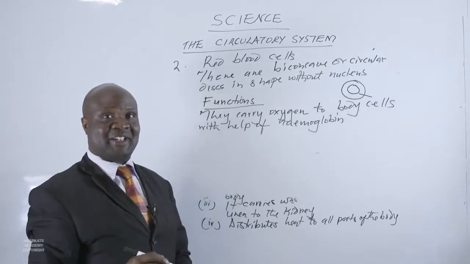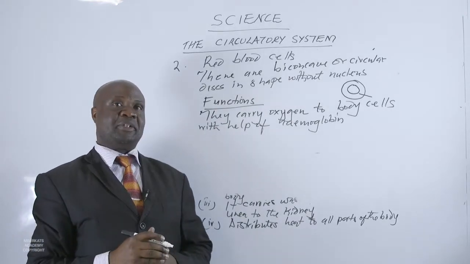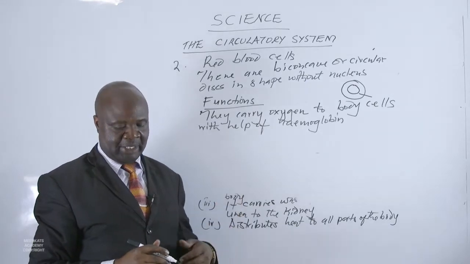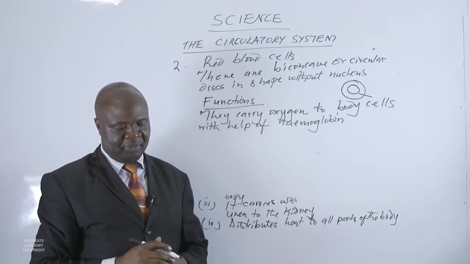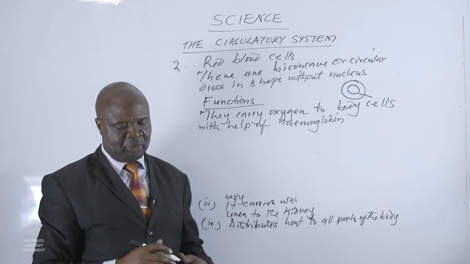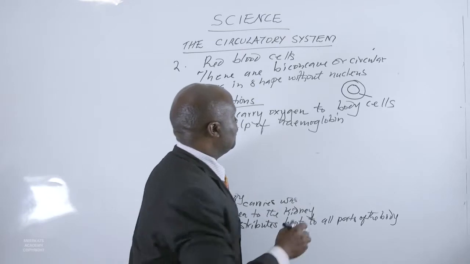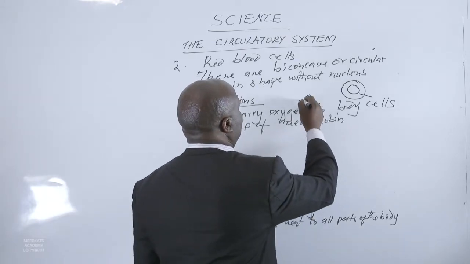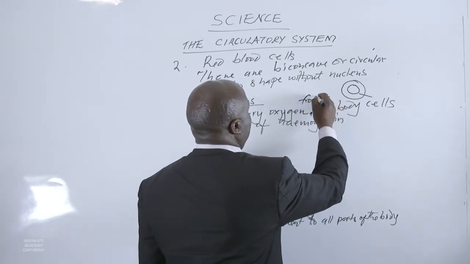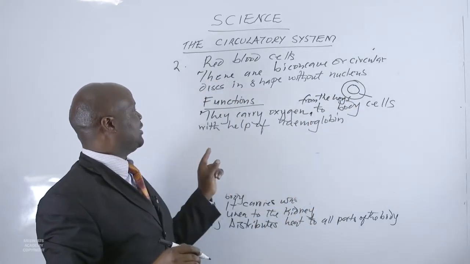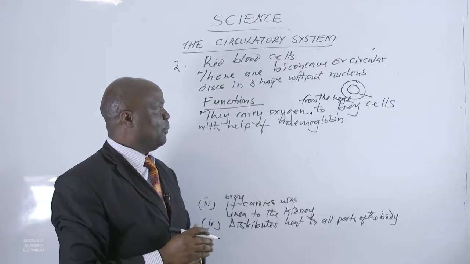We have a red substance within the blood which is called hemoglobin. So with the assistance of hemoglobin, they are able to carry oxygen from the lungs to body cells.